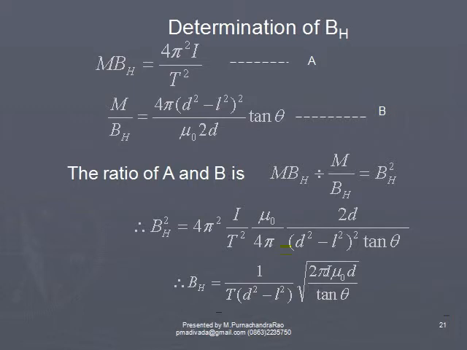Using this relation, BH is calculated. Thus, we calculate M and BH by using both vibration magnetometer and deflection magnetometer.